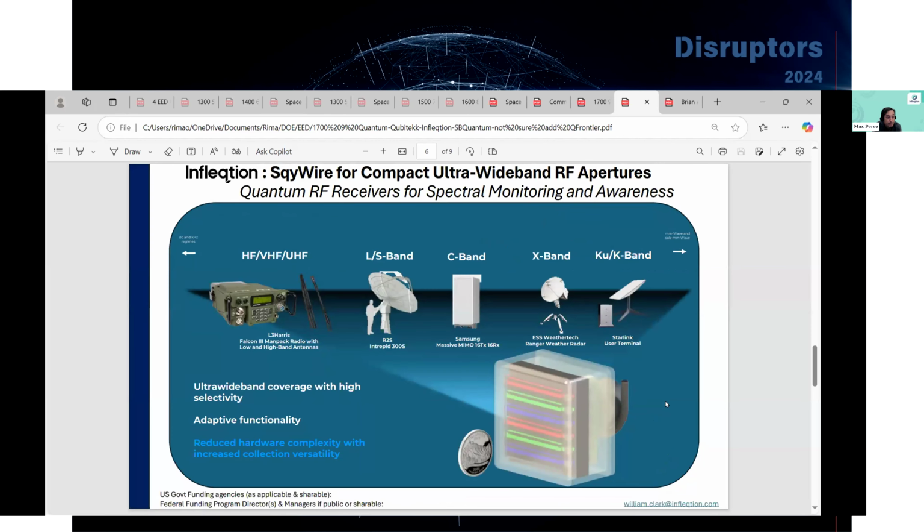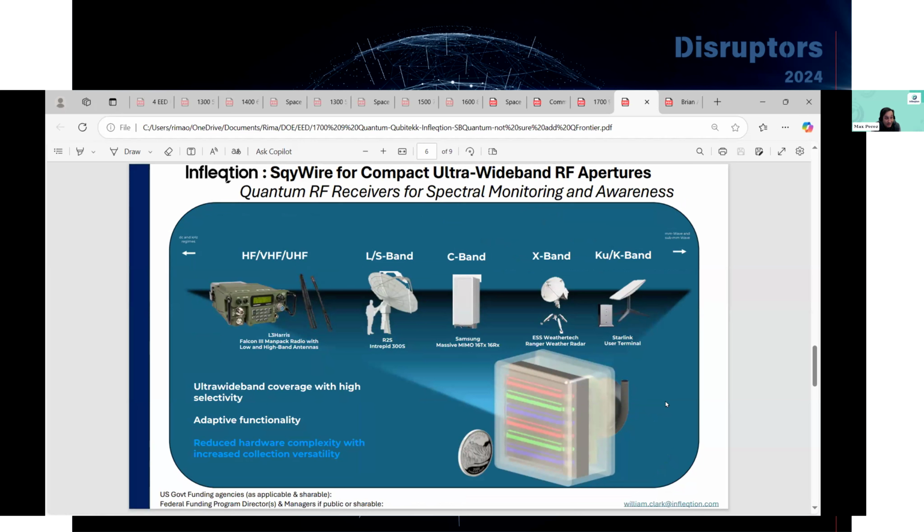Next slide. The last technology I'll talk to you about is our Skywire quantum RF technology. This is an emerging technology that allows you to use a single aperture to map and monitor the spectrum from waves in the kilohertz all the way up to the terahertz using a single system.